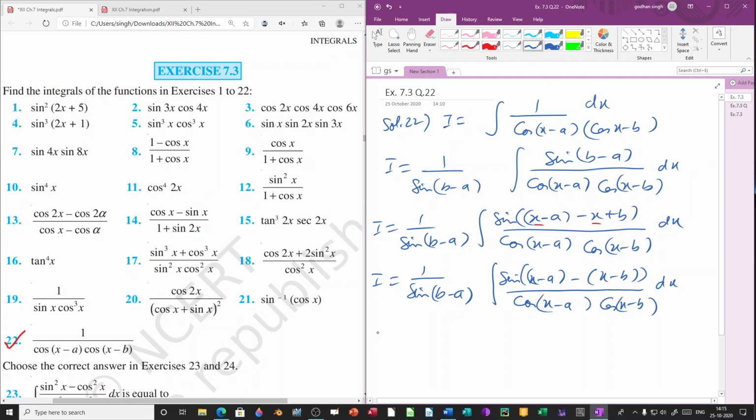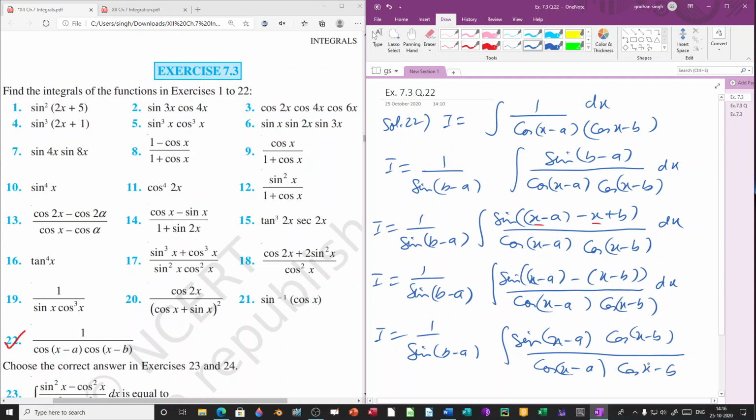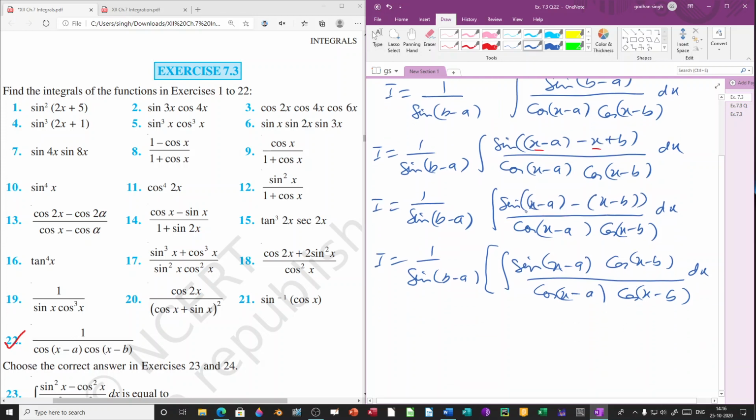Now I equals 1 by sin b minus a integration of, we will separate this and use the formula of sin x minus y, which is sin x into cos y minus cos x into sin y. So we get sin of x minus a into cos of x minus b over cos x minus a into cos x minus b dx, minus integration of cos of x minus a into sin of x minus b, whole divided by the same denominator, cos x minus a into cos x minus b dx.